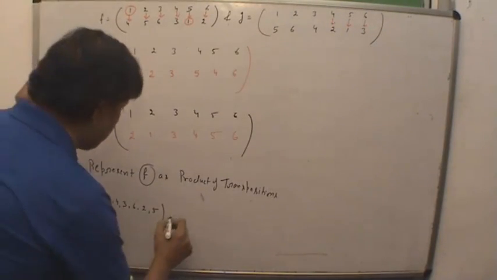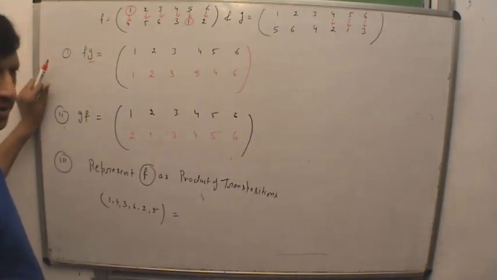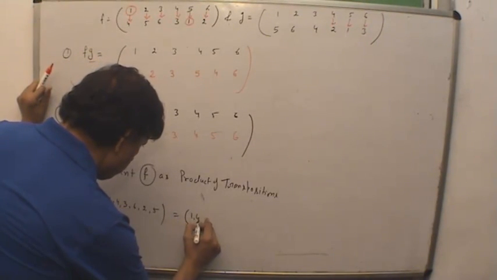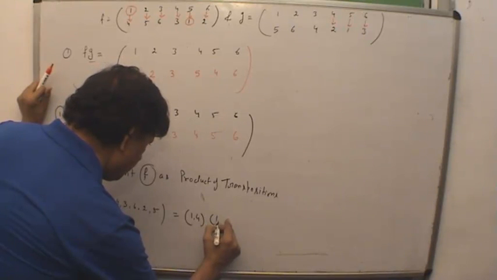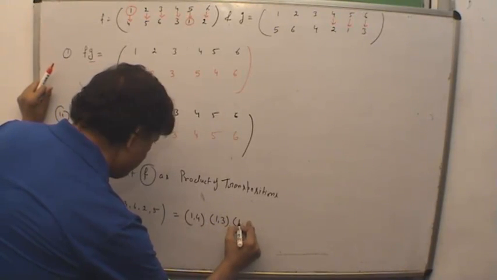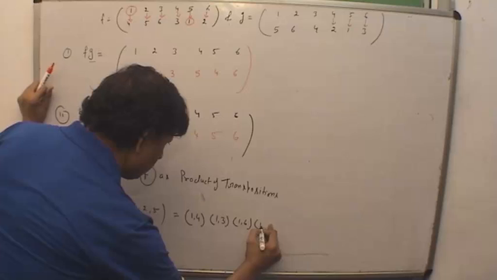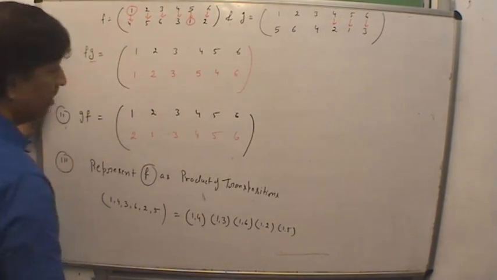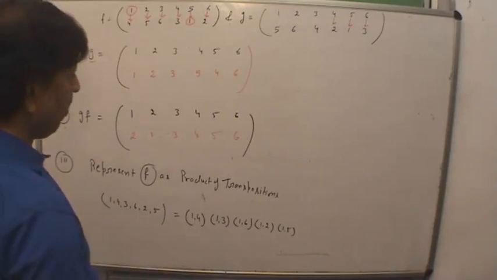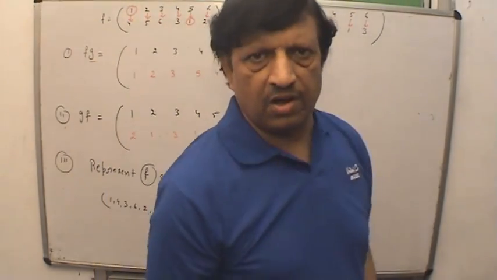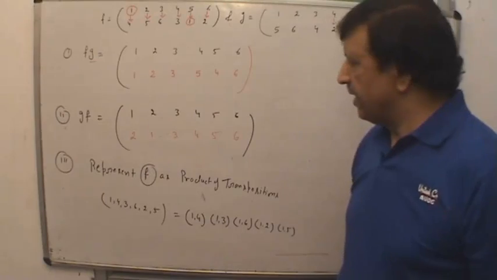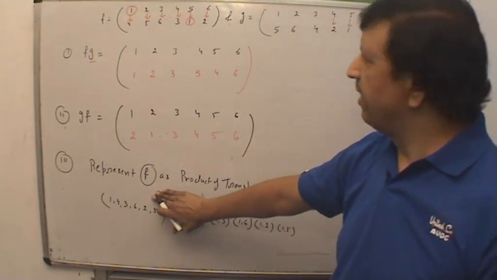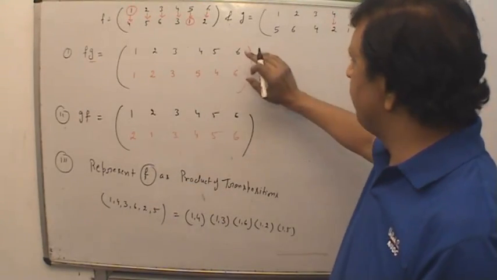After that, we split the cycle into transpositions like this: (1 4), (1 3), (1 6), (1 2), (1 5). It is called the product of transpositions. As we found in F, similarly we can find it in any permutation.